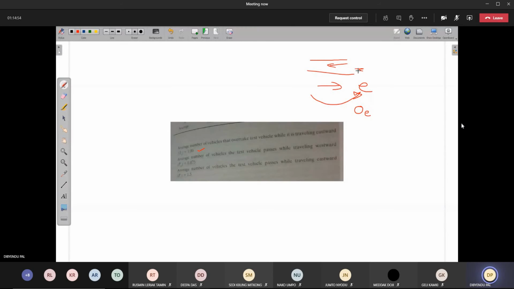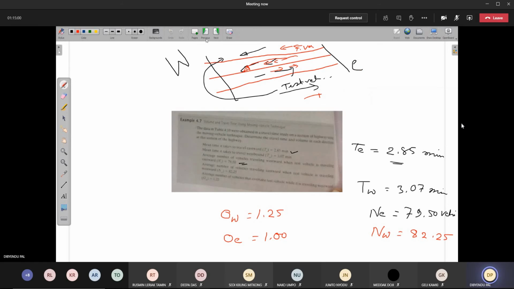That is basically denoted by P. Since the test vehicle is going in the west direction, it is PW, and PW is given as 0.875. Similarly, we will get PE.